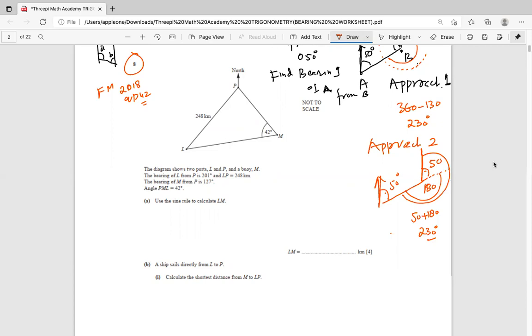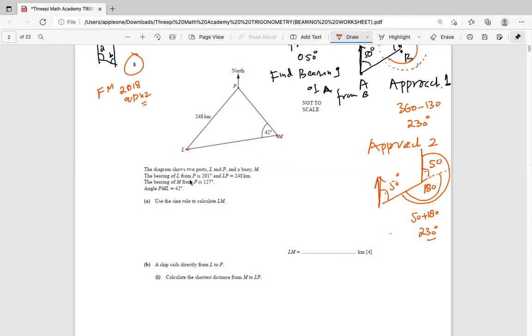The bearing of M from P is 127 degrees. Angle LML is 42 degrees. Use sine rule to calculate LM. Okay, fine. This line LM is required.